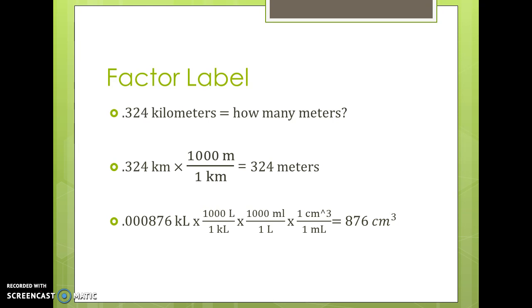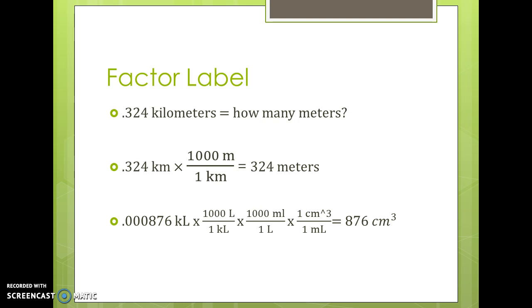The reason we set this up like this is so that the kilometers can cancel out, and then you should have just meters left over. Multiplying 0.324 kilometers by 1,000 meters over 1 kilometer is the same as multiplying it just by 1, because 1,000 meters equals 1 kilometer. So we're not actually changing the value that we have, we're just changing the number and the units.